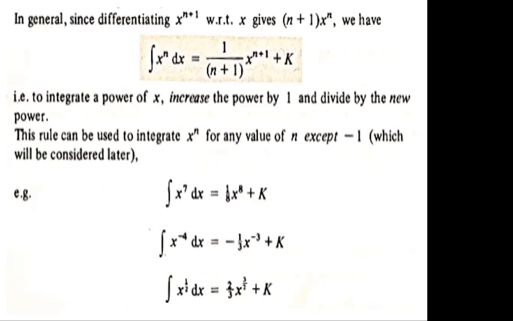Remember, integration is the very opposite now, right? So now we're going to add 1 to the power, right? See up here? We're going to add 1 to the power, and then we're going to divide the coefficient in front, which is 1, by that new power that you get, right?